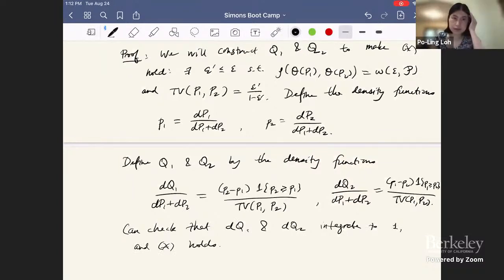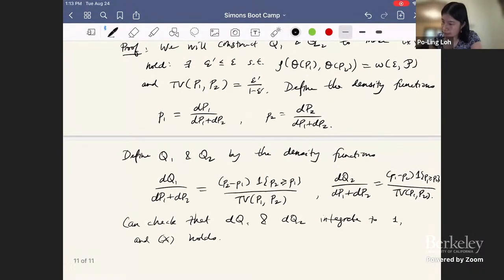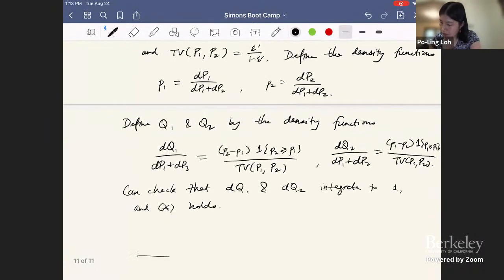Okay, so I'm not going to go through the details of verifying this computation, but maybe just to draw a picture. So imagine that you have P1 and P2. Let's say this one is P1 and this one is P2. Okay, so you want to construct somebody who's in the Huber ball. So you think about shrinking down these densities by 1 minus epsilon, and then adding something else to them. Well, okay, fine.